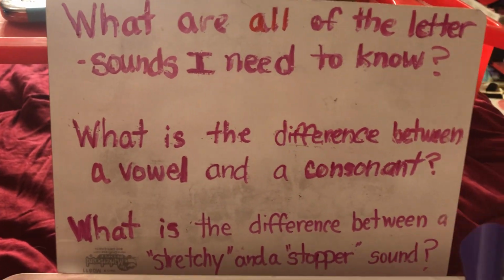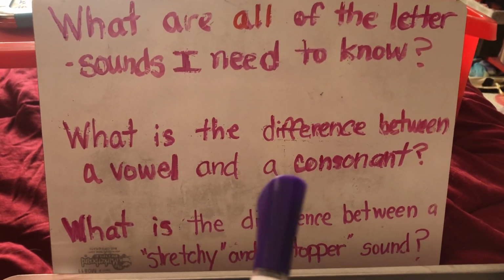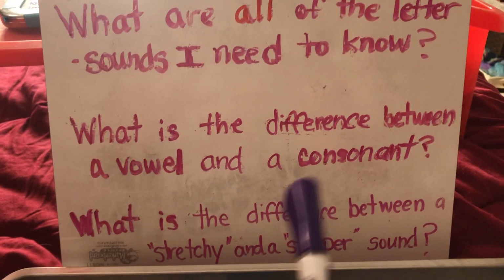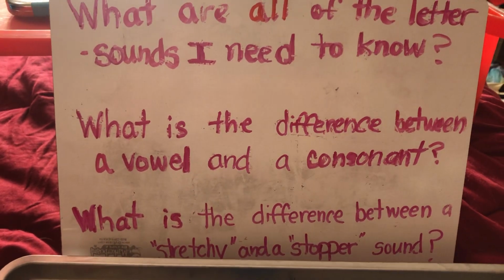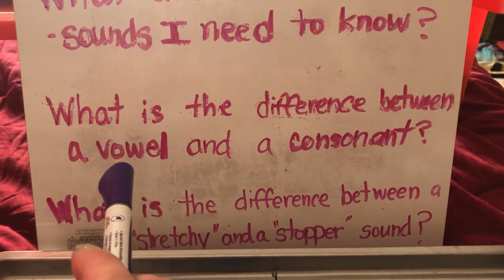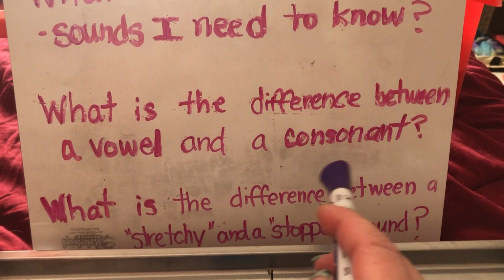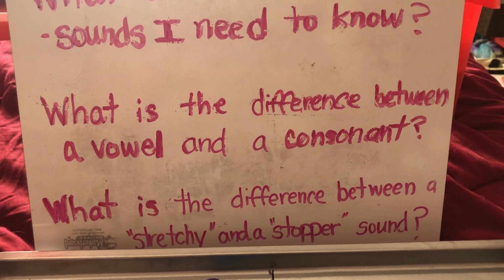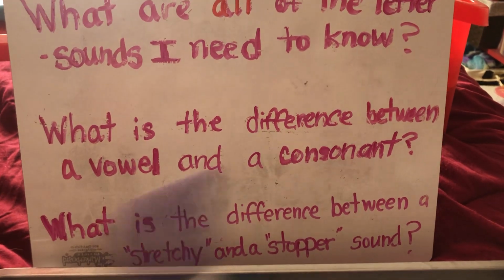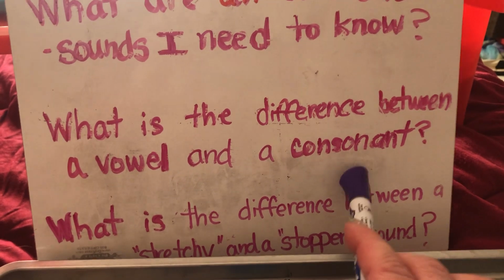You should be able to turn and tell somebody the answer to the second question. What is the difference between a vowel and a consonant? There's more than one difference. We talked about what you do with your mouth for a vowel sound and what you do for a consonant sound. With one of them your mouth is open. With one of them you actually have to use parts of your mouth to make the sound.